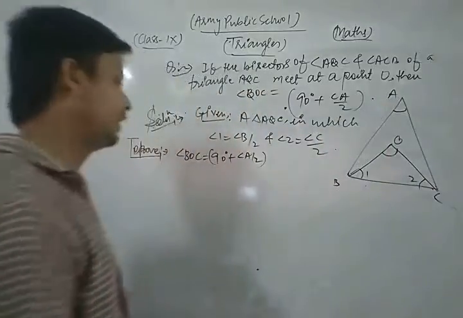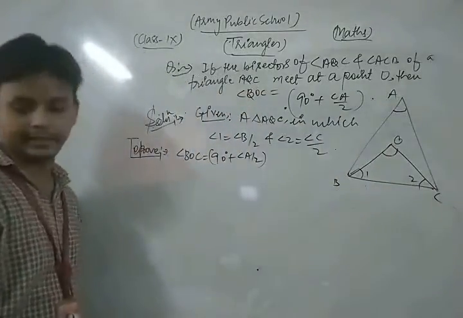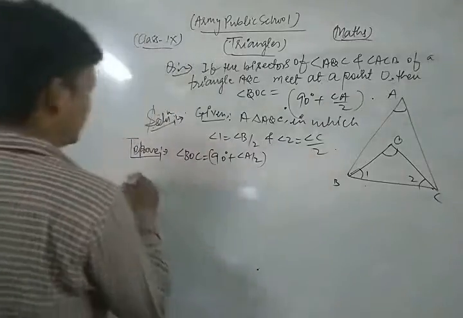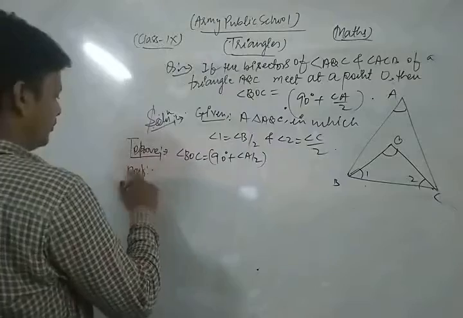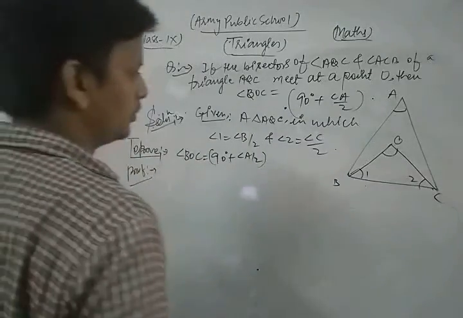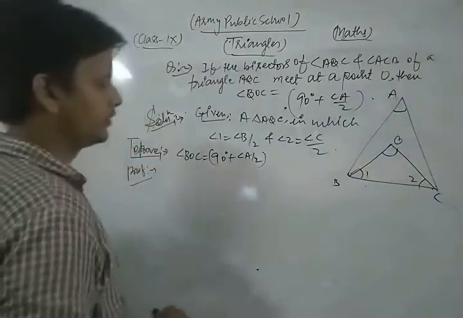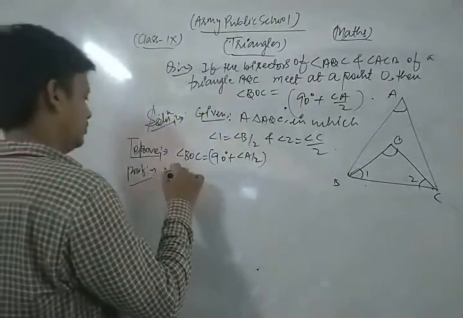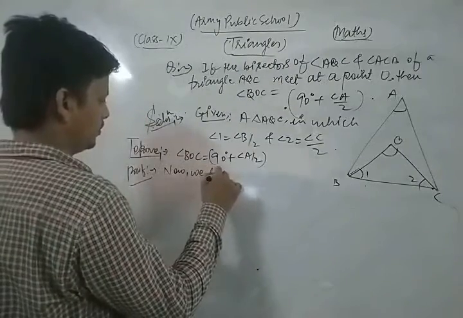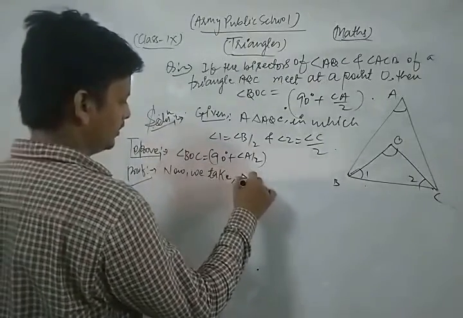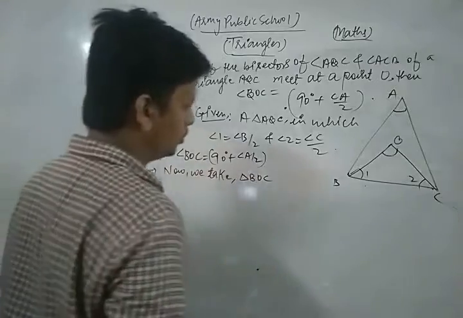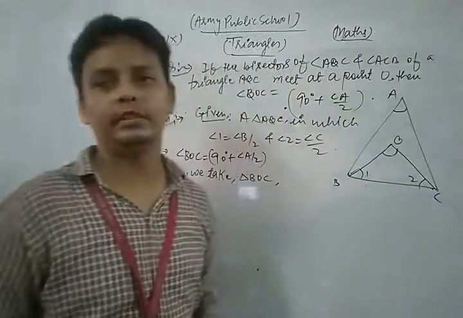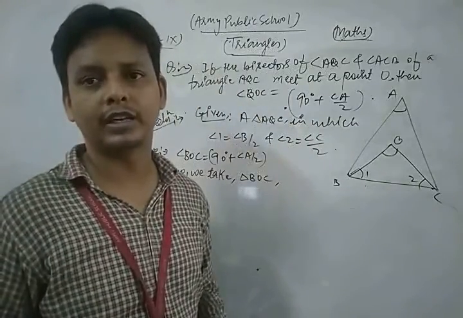Now look, angle BOC. First of all, we take triangle BOC, where we apply the angle sum property of the triangle.